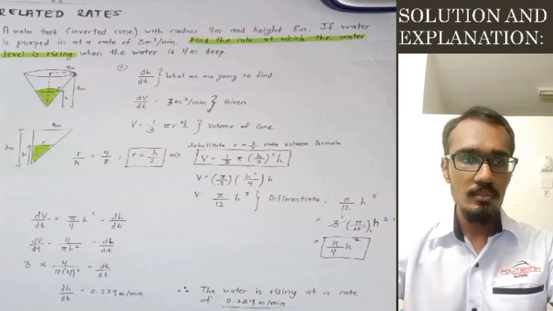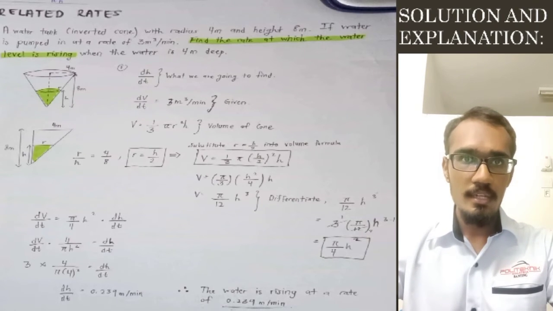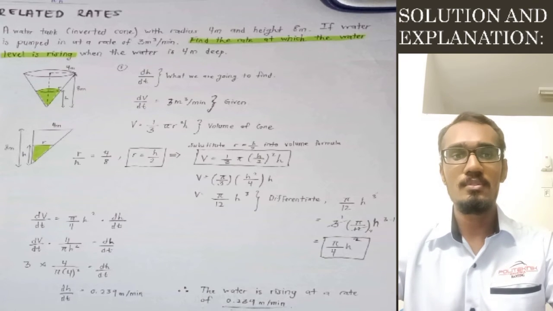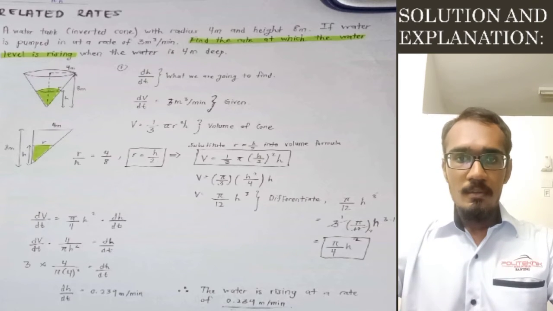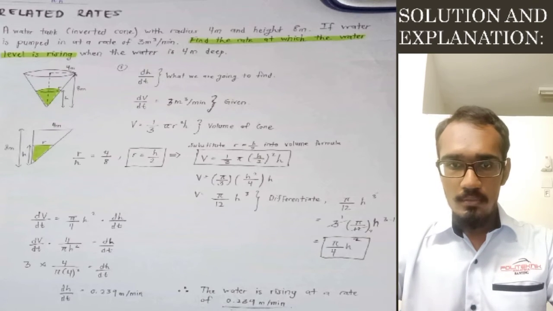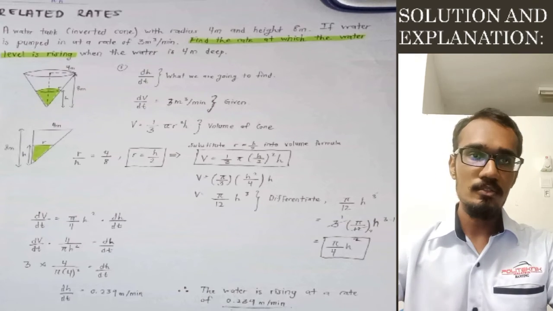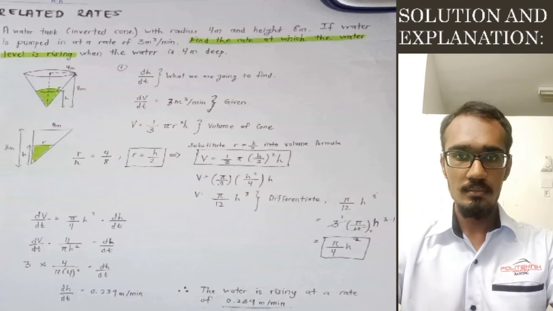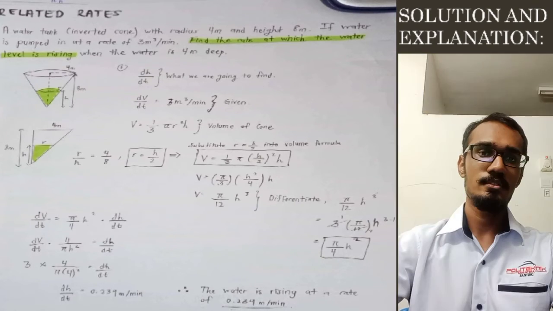At the end we get dH over dt, the rate at which the water level is rising, which is 0.239 meter per minute. That is the value we get by using the chain rule in a real application of rate of change in real life.